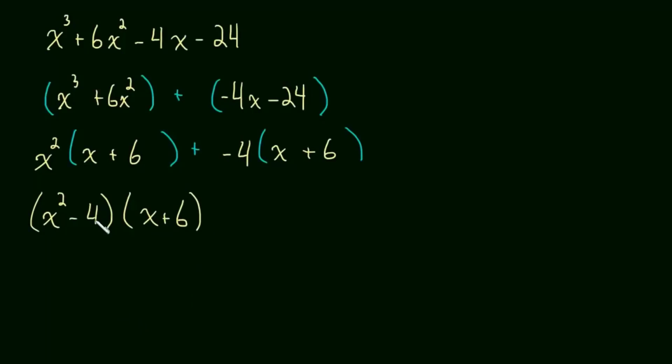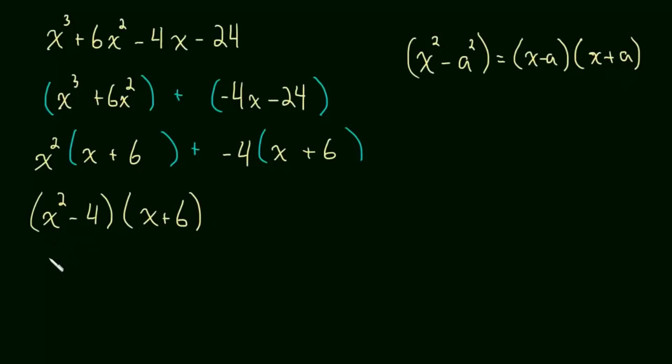And we're almost done, but remember the difference of squares said if we have x squared minus a squared, this is always going to be equal to x minus a times x plus a. Sorry, there's no b involved. Well, that's what we have here.